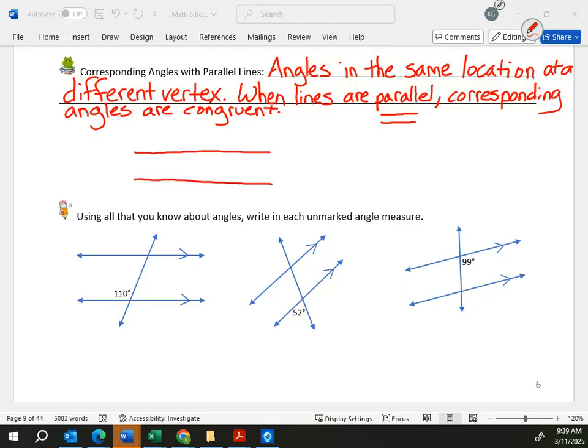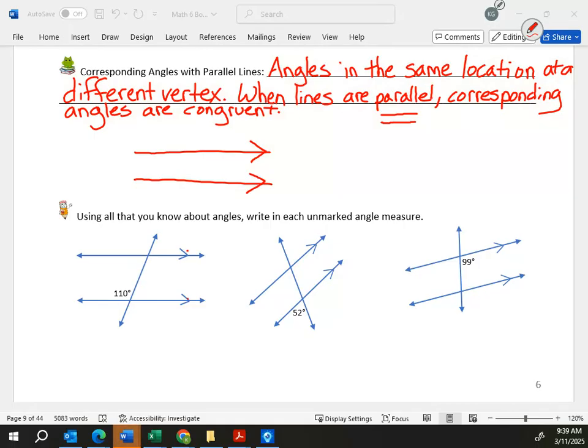So, if I have two lines, I'm drawing it by hand, so I'm not drawing it precise. So, we're going to say with these marks, it means that they're parallel. Because I'm drawing it by hand, it doesn't quite look parallel because I'm a little sloppy.